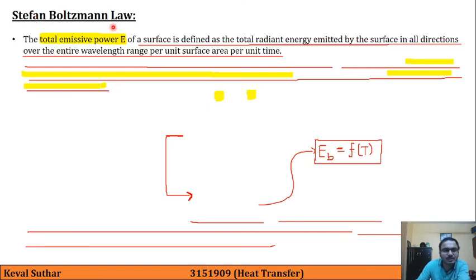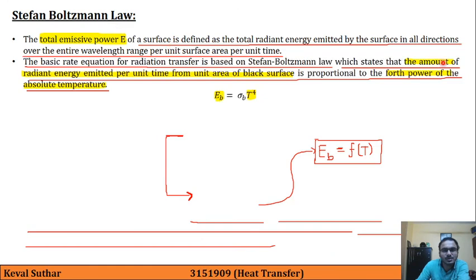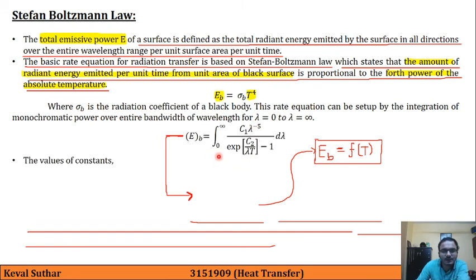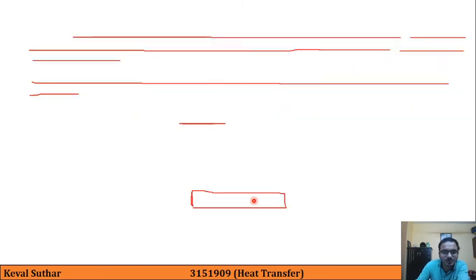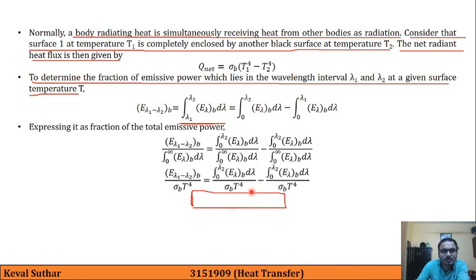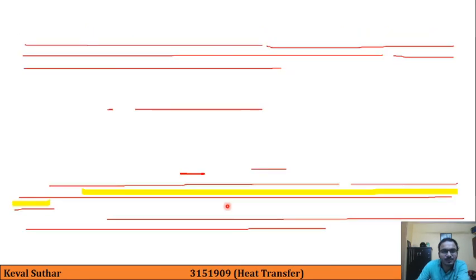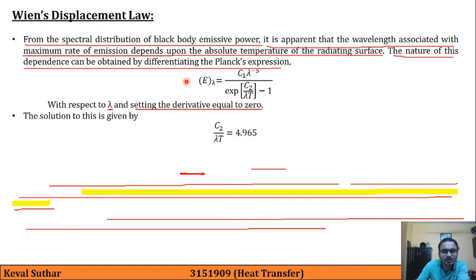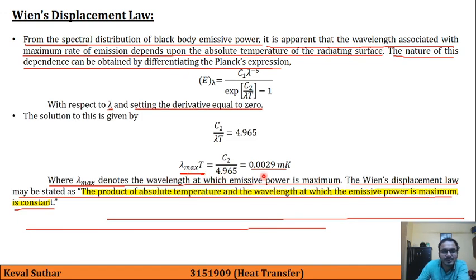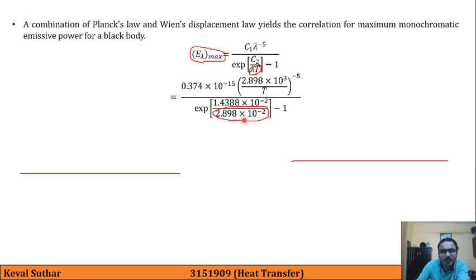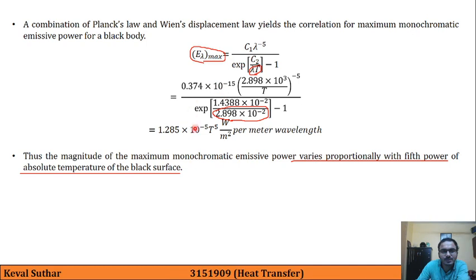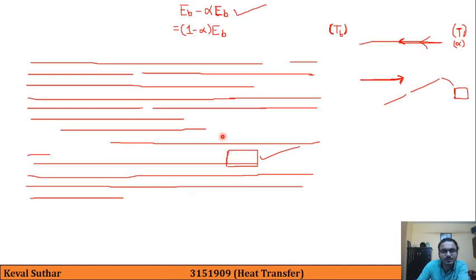The next is the Stefan-Boltzmann law, in which Eb is proportional to the 4th power of temperature, and we integrated it to obtain the final values and the Stefan-Boltzmann constant. Next was Wien's displacement law, in which we obtained lambda max T equal to 0.0029 meter Kelvin, and the value of A lambda maximum, which is proportional to the 5th power of temperature.